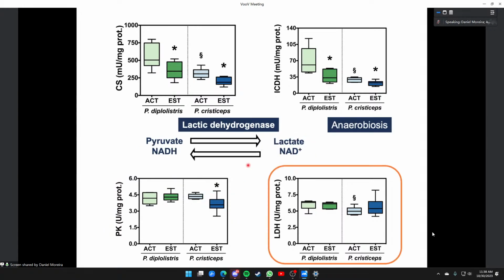We then investigated anaerobic metabolism, even though we knew that underground there was no oxygen limitation. We wanted to check if the capacity for anaerobic metabolism was changed during estivation, and we saw no difference between estivating and active animals.